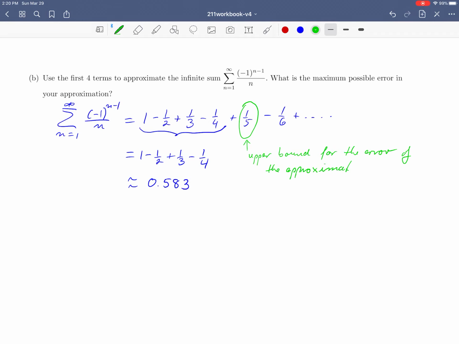for the error of the approximation. And so we can write down our conclusion. So the approximate sum of the series is 0.583.